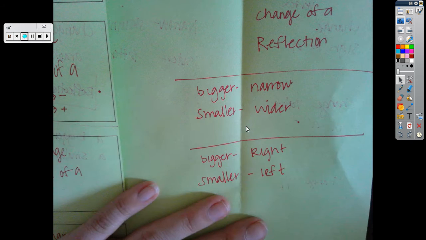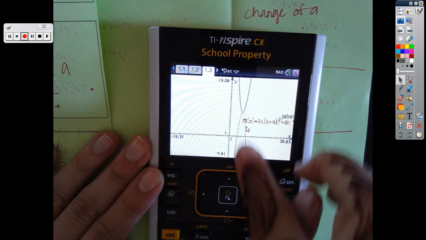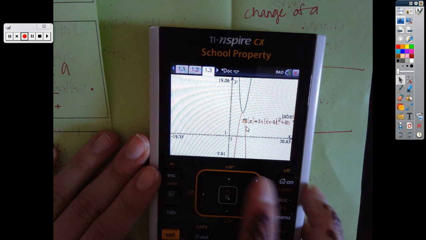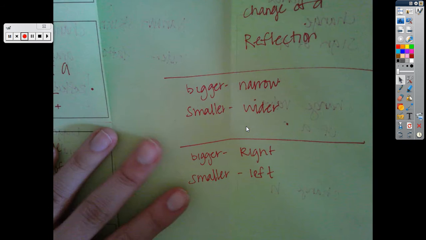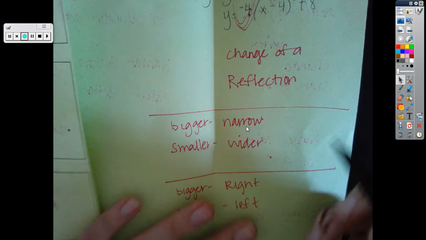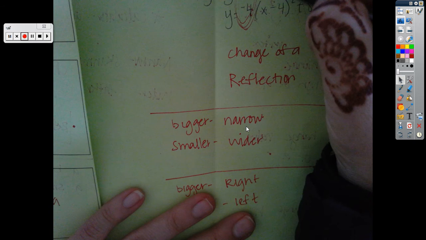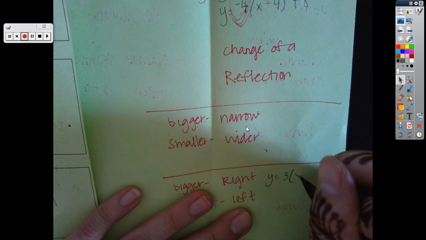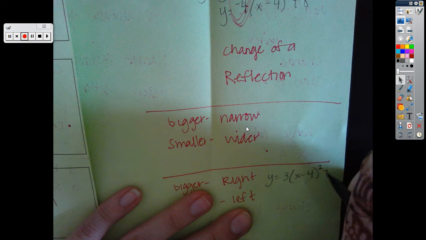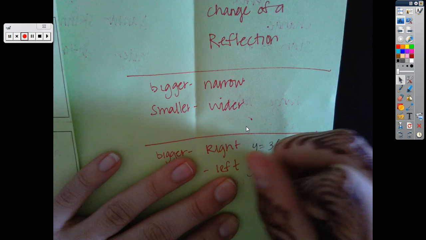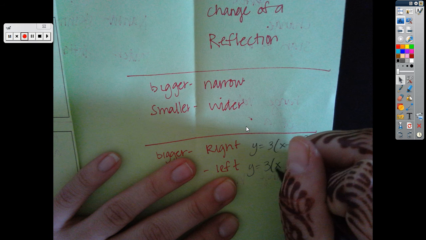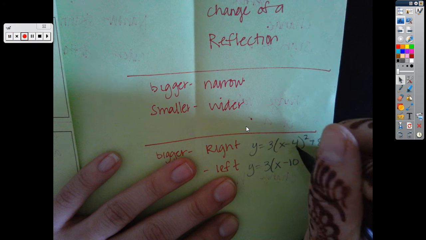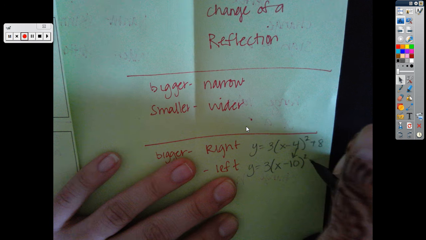And if it doesn't change, that's why it's still in the same position. This time I'm going to use the same first one, 3(x minus 4) squared plus 8, and change it to y equals 3(x minus 10) squared plus 8, so it's going from 4 to 10.